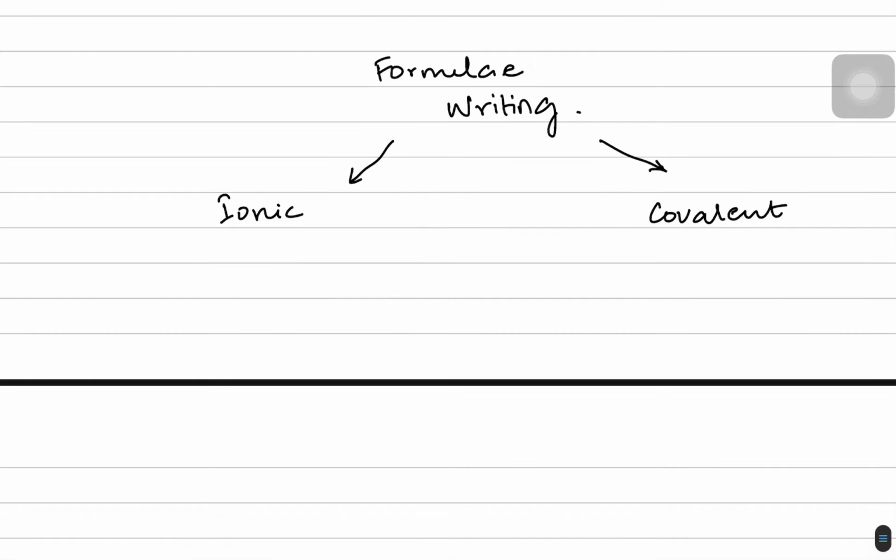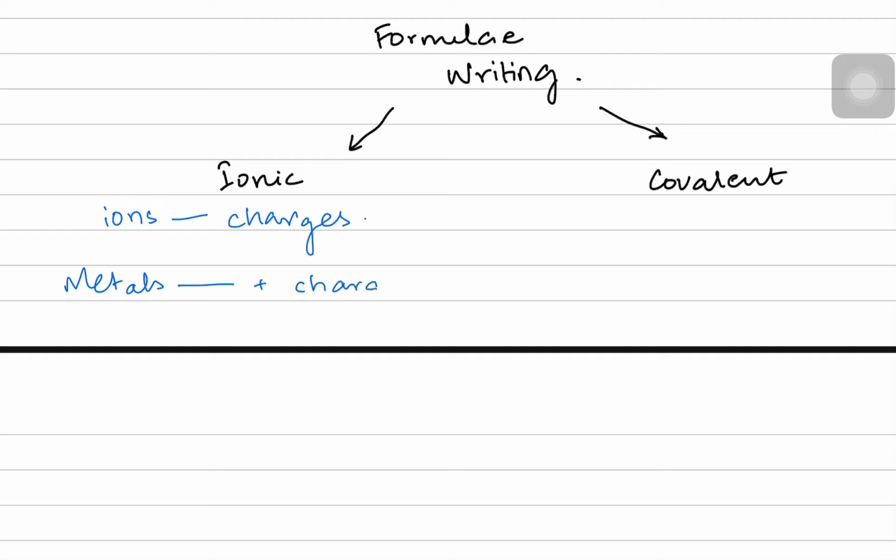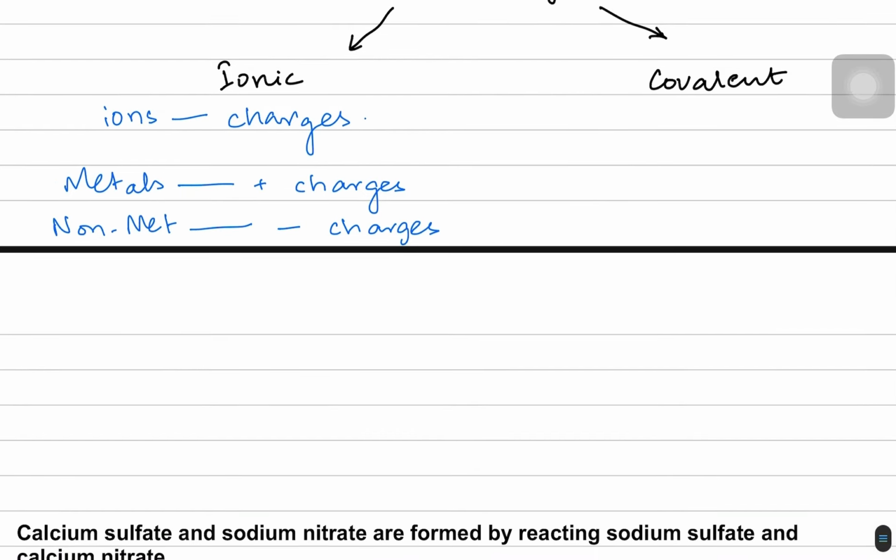In ionic compounds, there are ions with charges. So metals are positive charges and non-metals are negative charges. The periodic table will tell you the charges.